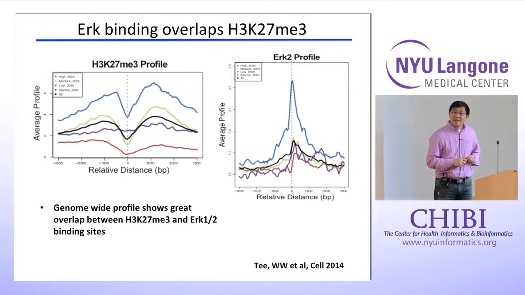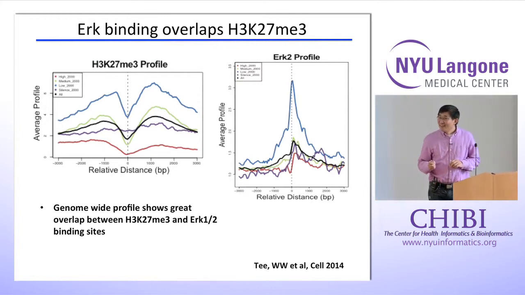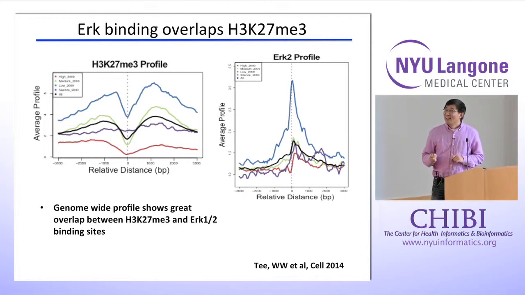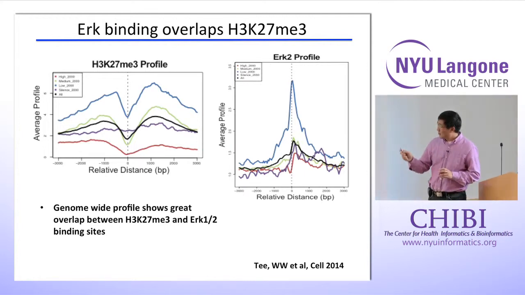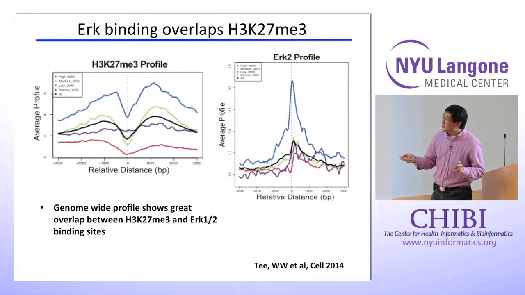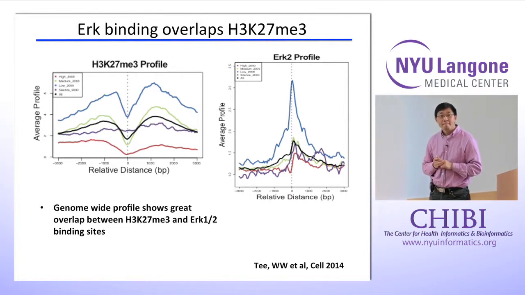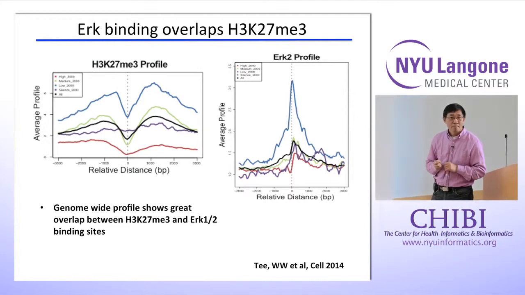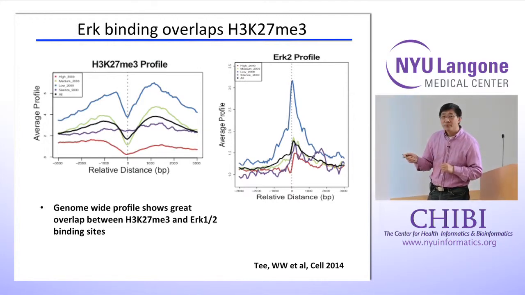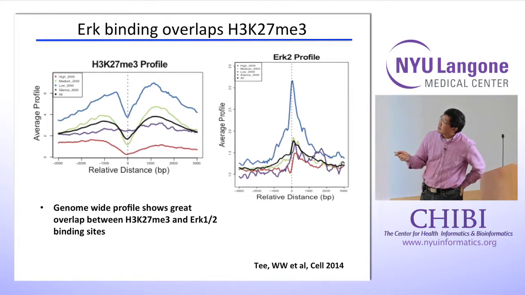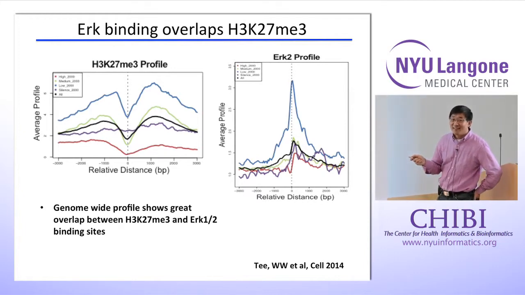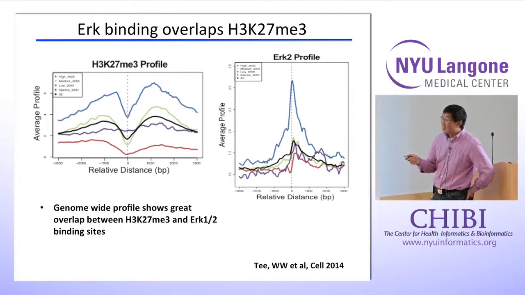If the zero was the same between the two, it would be easier to compare, like the average profile around the TSS of these genes, for both K27 and ERK. Of course, yes.